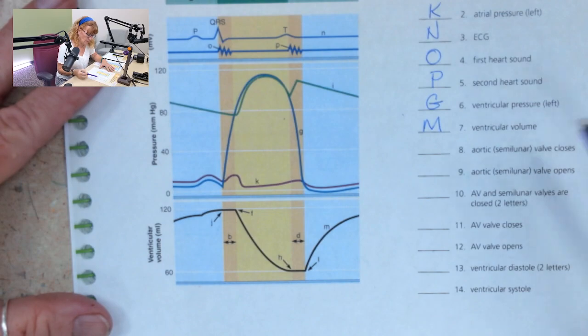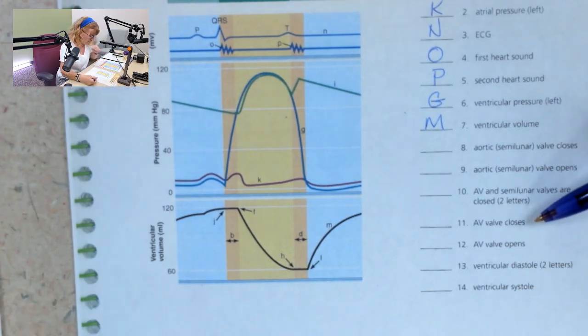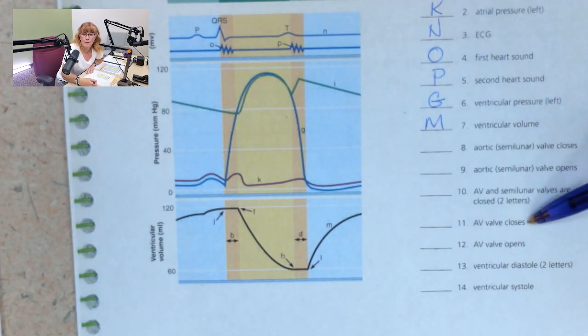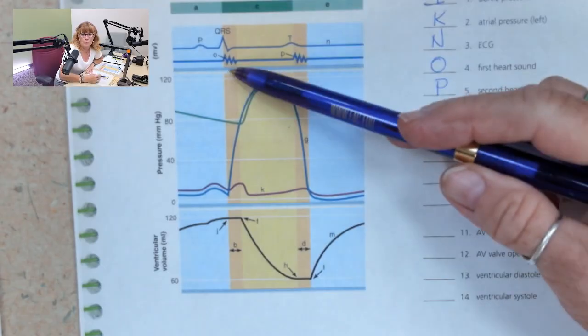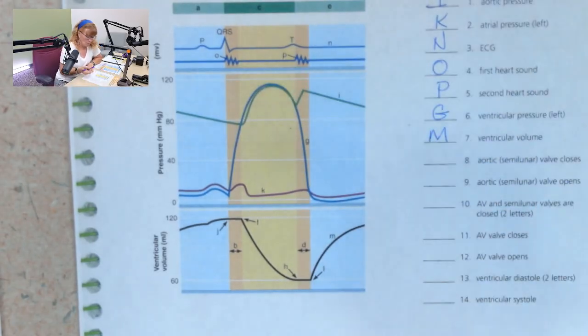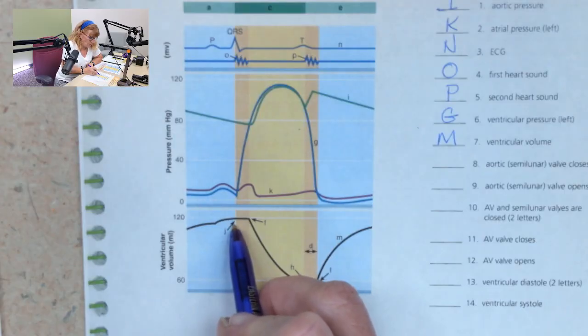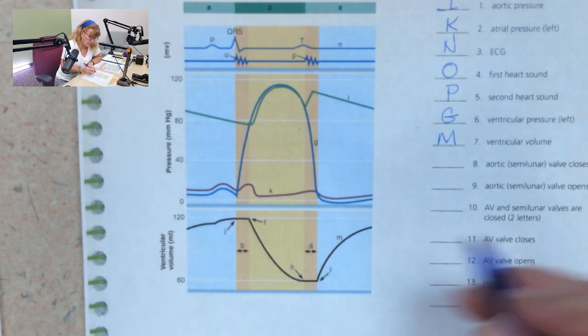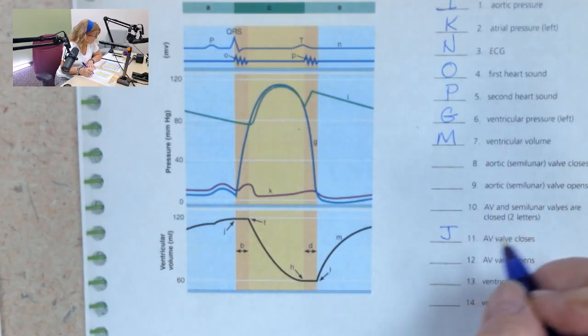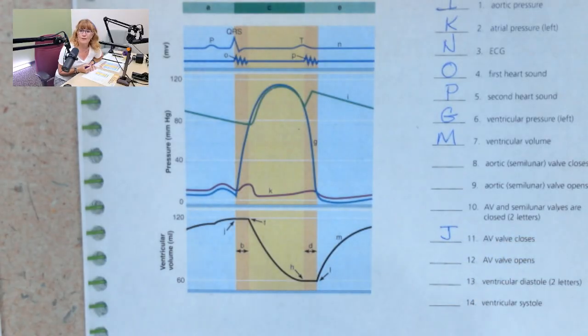All right, let's go ahead and go down to 11 to when the AV valve closes. So the AV valve close, we said, was what produced the first heart sound. So I know that the AV valve is going to close here at J. And I'm just checking my key over here and making sure that, yes, I am not leading you astray.